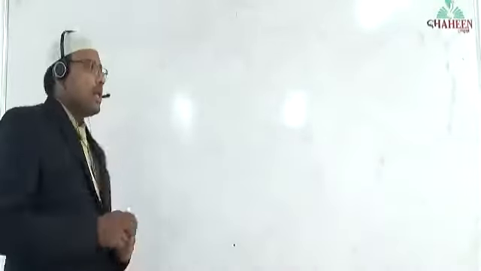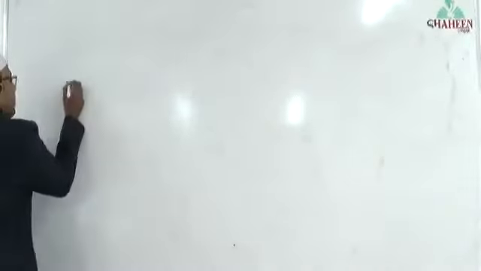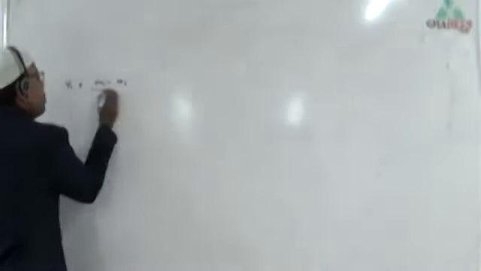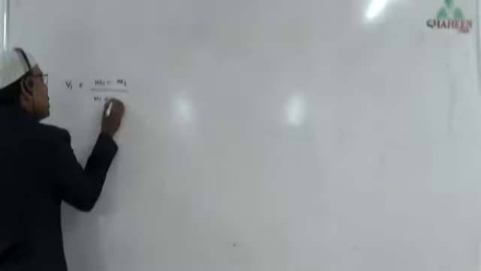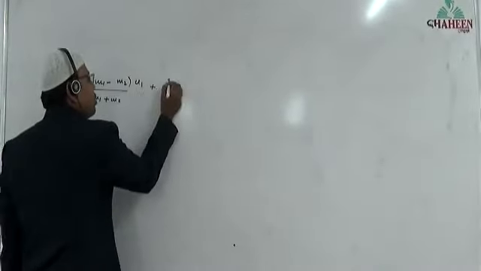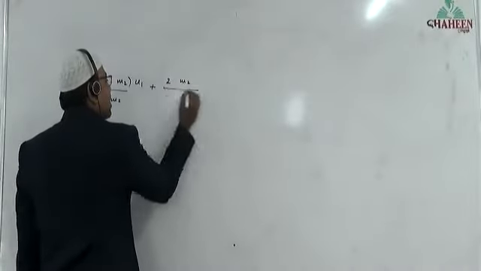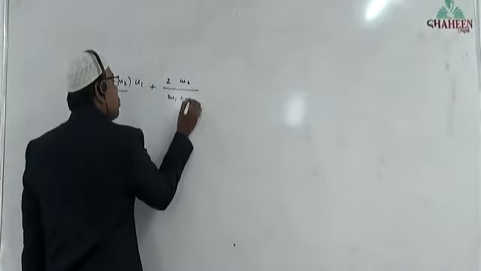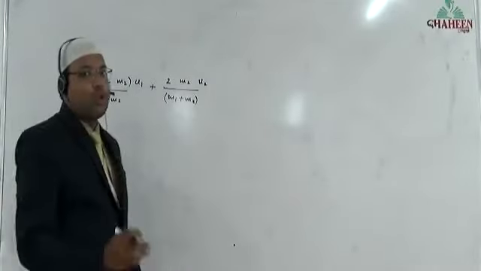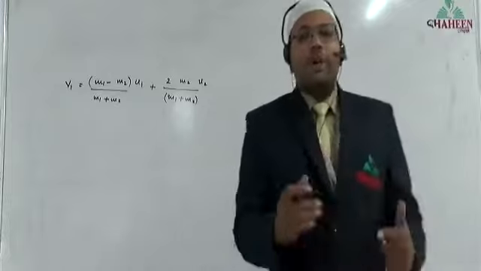Let us see how to write it. v1 is equal to (m1 minus m2) by (m1 plus m2) into u1, plus 2 m2 by (m1 plus m2) into u2. This is the formula I have given you for elastic collision. For elastic, let us modify this afterwards.